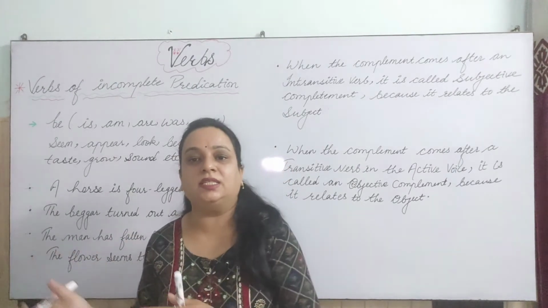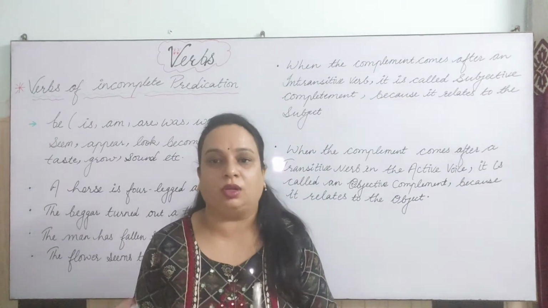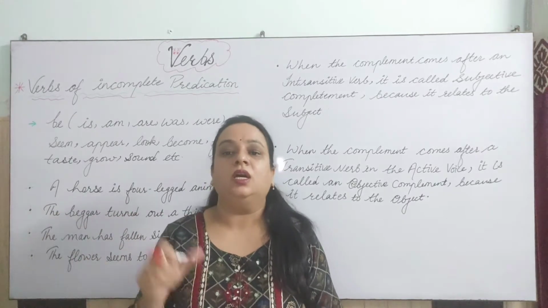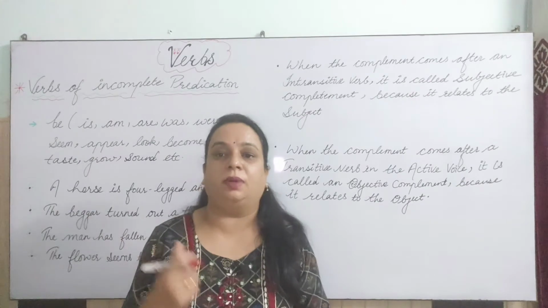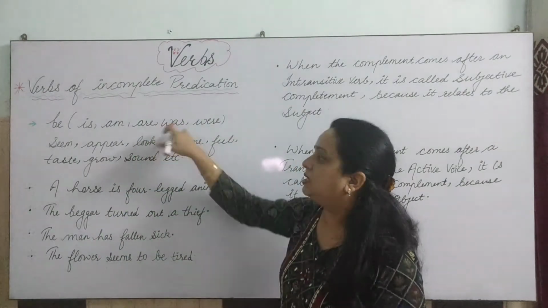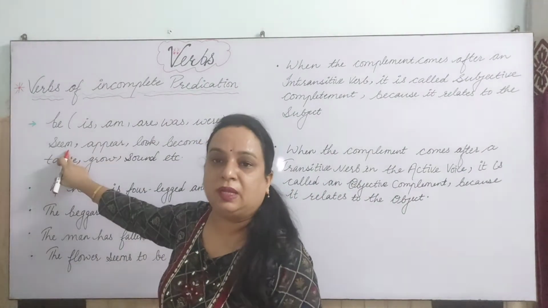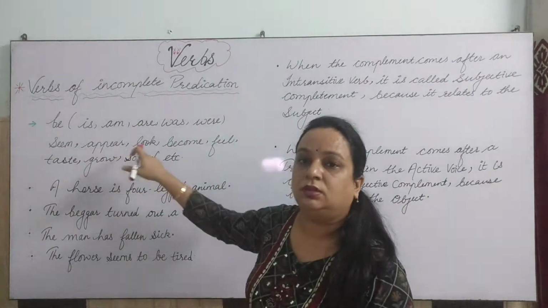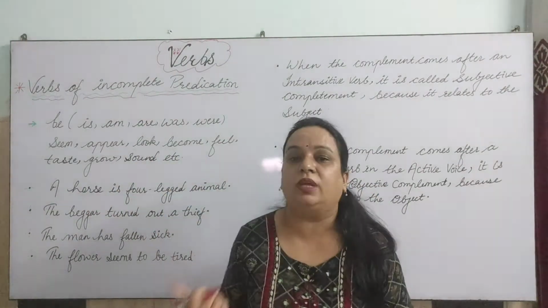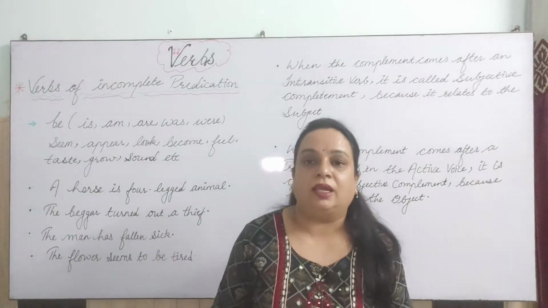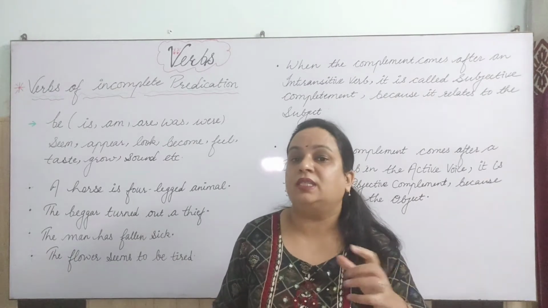"She reads" gives us a full sentence, but if we say "she is", now she is what? For that we need a complement to make the sense complete. So is, am, are, was, were are also verbs. Then seem, appear, look, become, feel, taste, grow, sound, etc. Like "that boy seems tired".